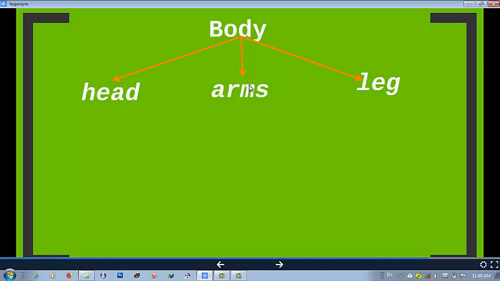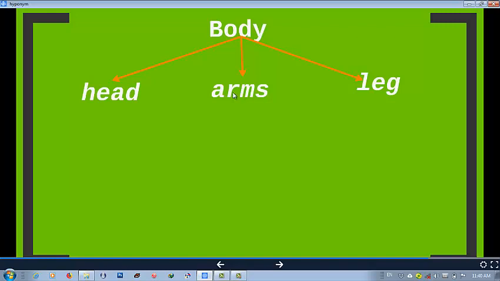I want to say that you have to think: the arm of a human is not a human. A human is a human, but the arm of a human is not called a human.